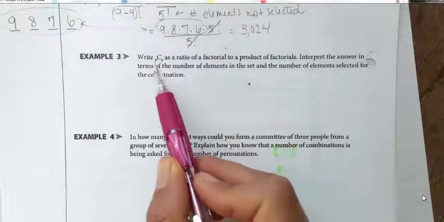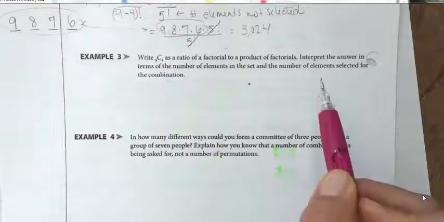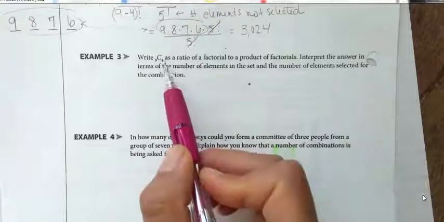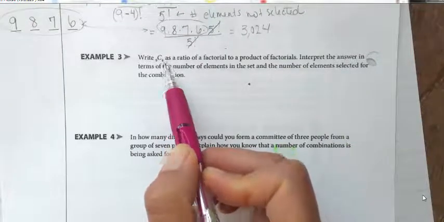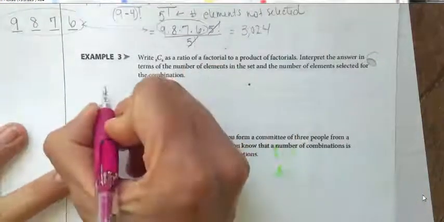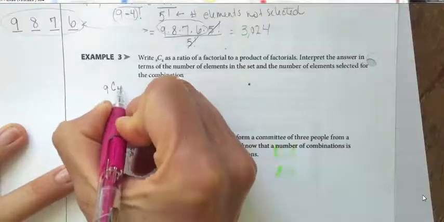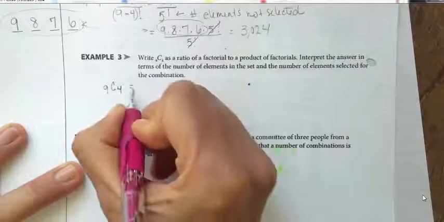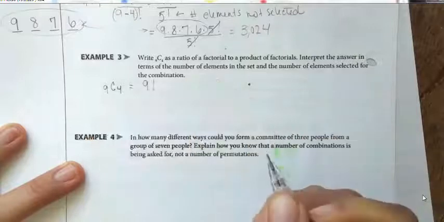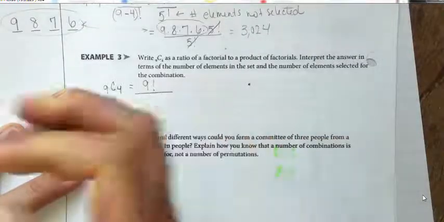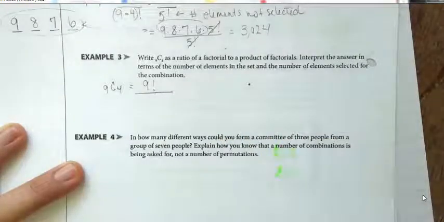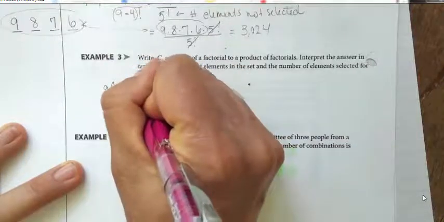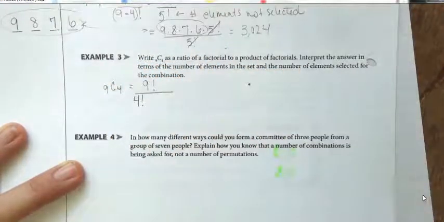Interpret the answer in terms of the number of elements in the set. Well, we already know how many elements are in the set. It's going to be 9. And the number of elements selected for the combination, which we know is 4. Okay? All right, so 9C4 is basically going to be 9 elements that are in my set. Then they do have us divide out the number of elements that they selected, as well as the number of elements that did not get selected.